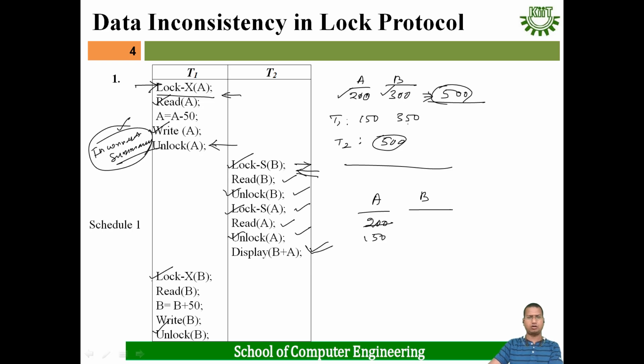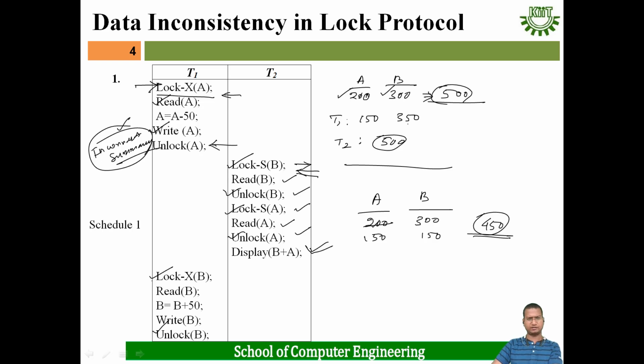Then lock on B, it will apply the lock on B, then read B, the value of B is 300. Then unlock B. Then lock S on A, a read lock on A, then read A, the value will be 150. Then unlock A, then display B plus A. B plus A will be 300 plus 150, equal to 450.